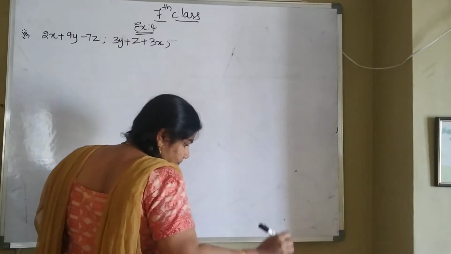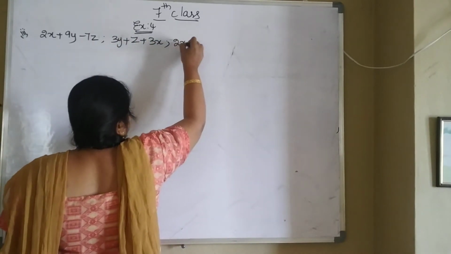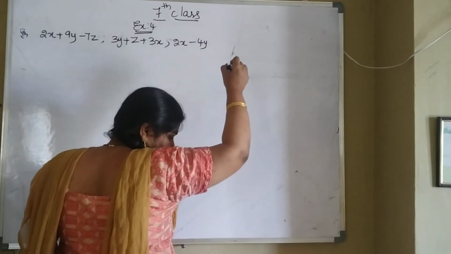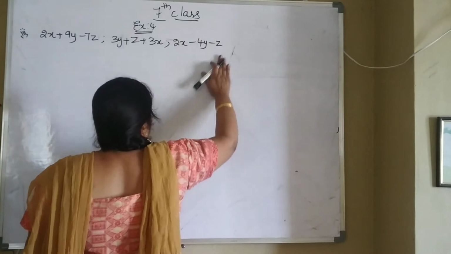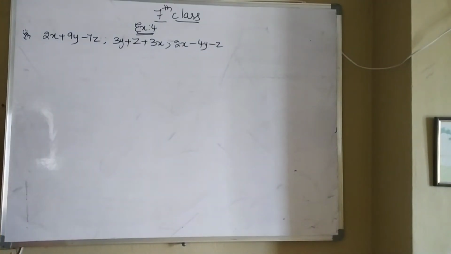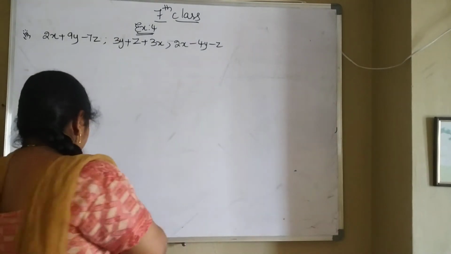Next is 2x minus 4y minus z. Again we have to add these three expressions. They have given three expressions. We have to add these three expressions.